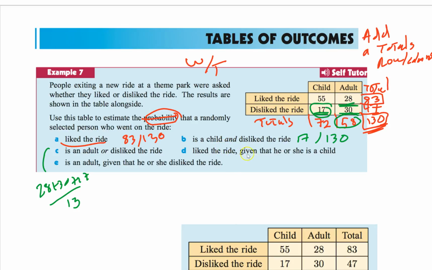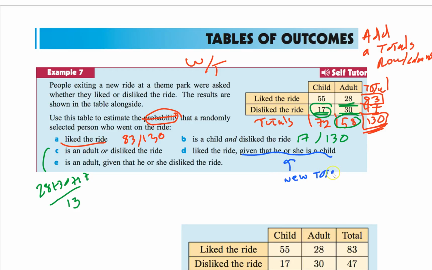Liked the ride, given that he or she is a child. Now it gets even more complicated, but still fairly easy. Here's the key thing: given that. They're telling you this person is a child. So that's your new total. It's your new world, basically.